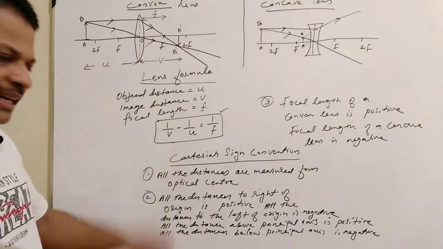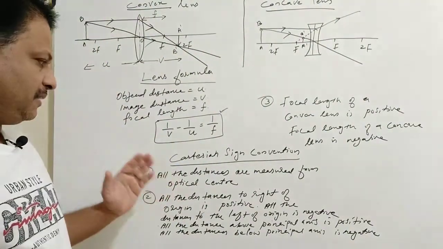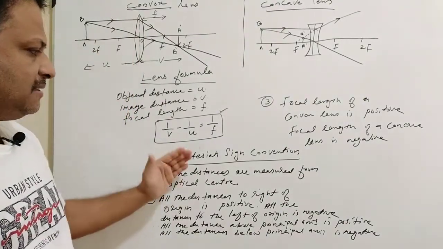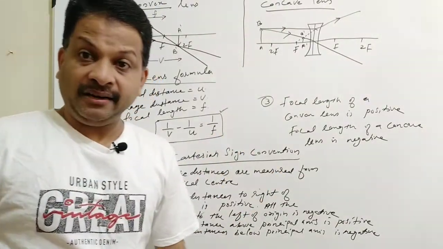So these are the three rules you must remember to solve the lens formula using Cartesian sign convention.